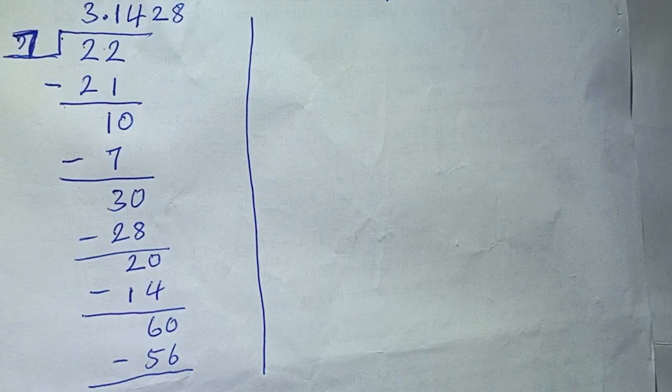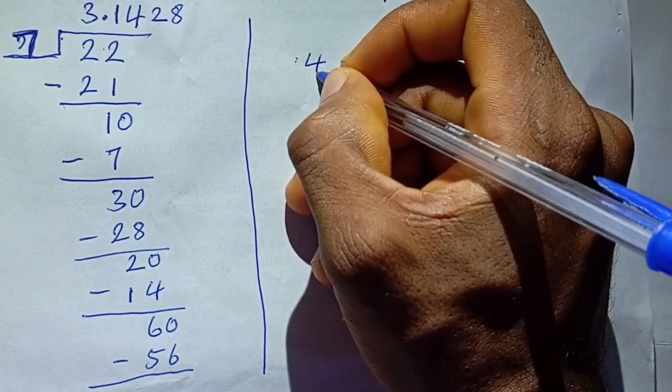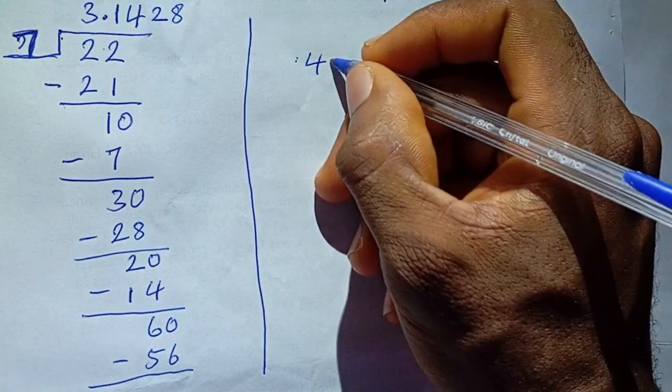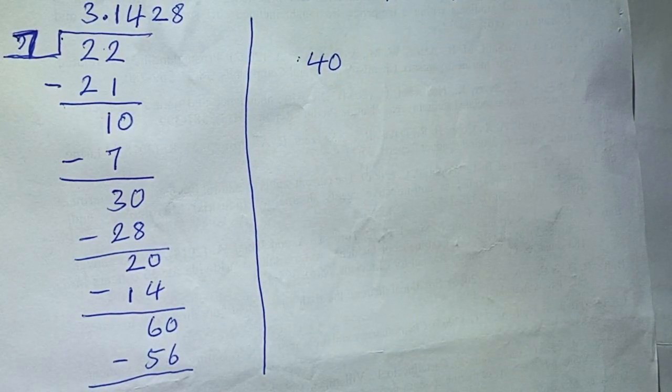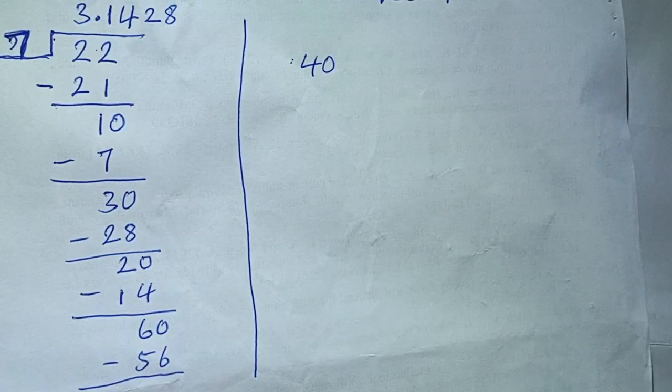Alright, let's use this side. 60 minus 56 is 4. Then we write 4. Now 4 divided by 7 cannot. We add 0. 40 divided by 7. It cannot divide. Then we take the closest number, which is 35. 35 divided by 7 is 5.